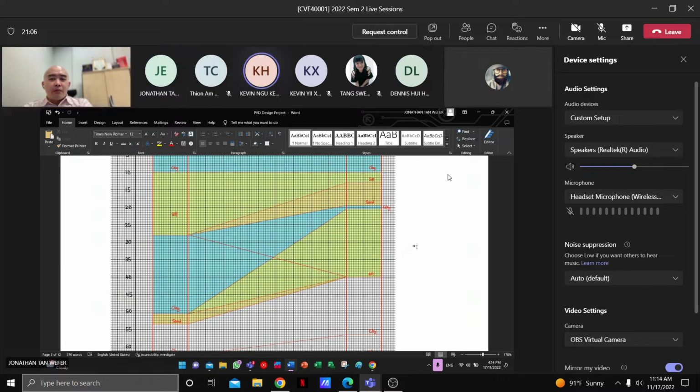Yeah. All right. So that's why even the soil profile has a bit of judgment. So if you look at the sand layer, right, there is no sand layer. There's a sand layer in borehole 2, but there is none in borehole 1. So that sand layer in borehole 2, it may not go all the way like that.